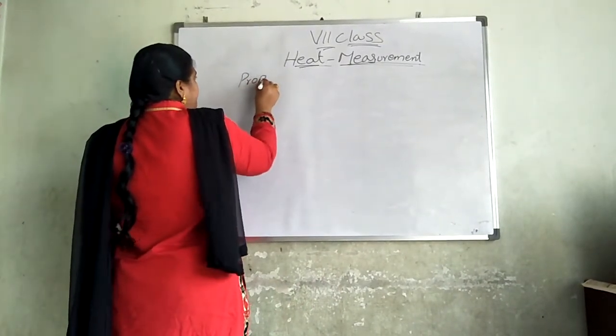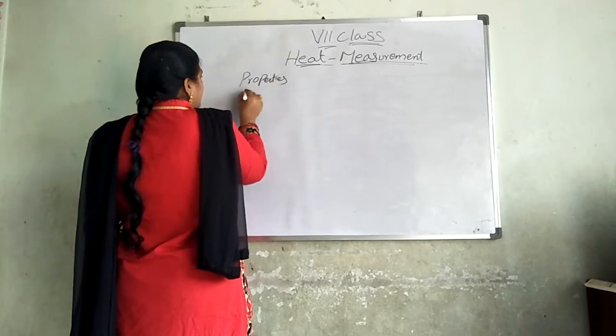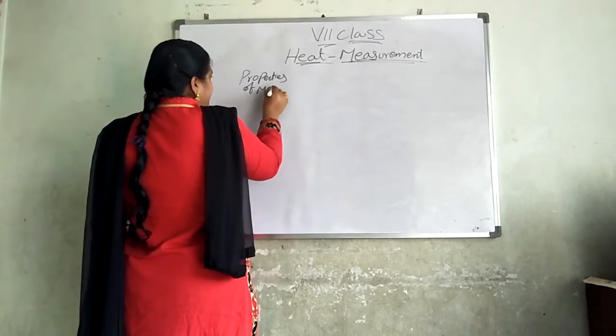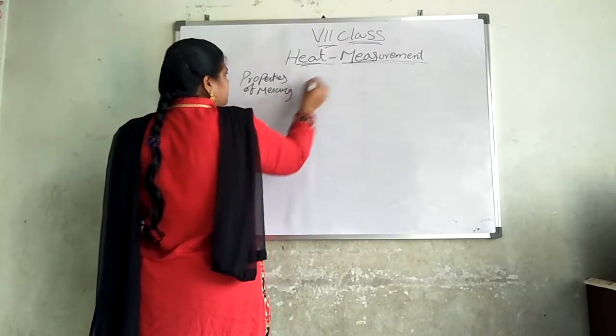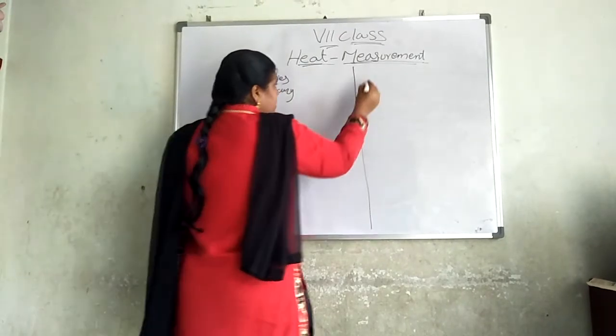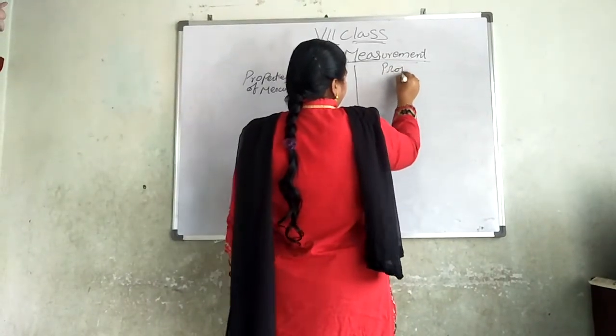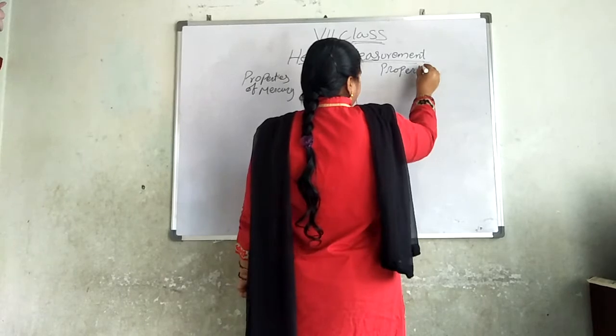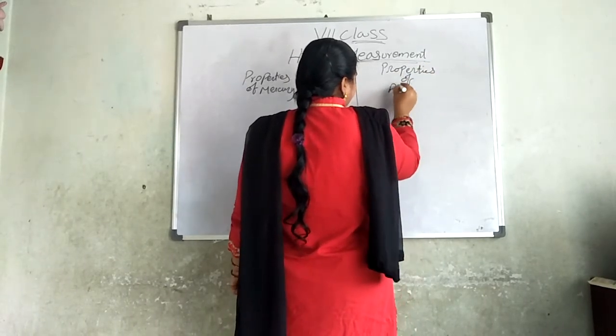So you can see here the properties of mercury, then the properties of alcohol.